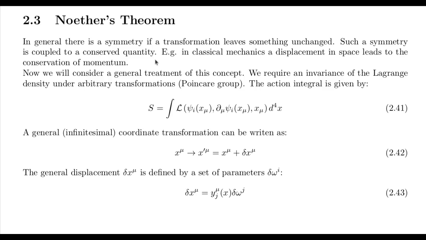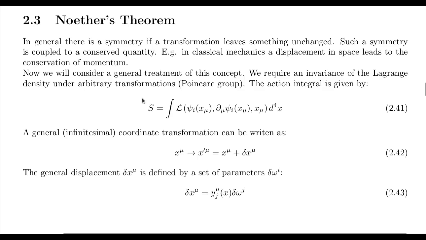If we have displacement in space and time as a transformation, then we get the conservation laws for energy and momentum. And now we want to consider that for quantum mechanics in a very general way.